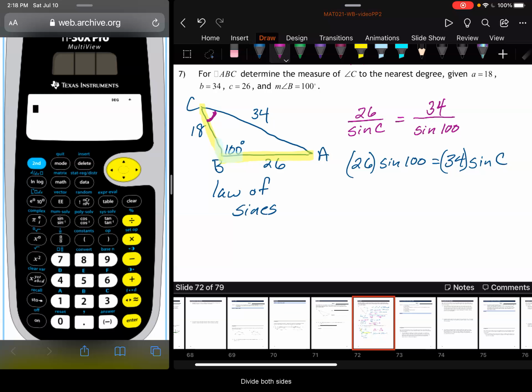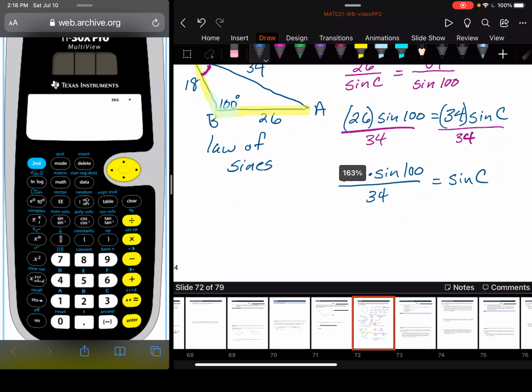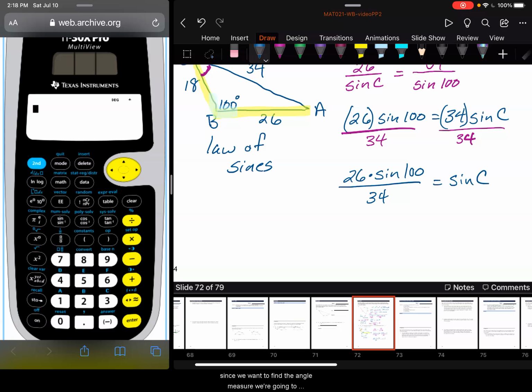Divide both sides by 34. 26 times sine of 100 over 34 equals sine of C. Again, since we want to find the angle measure, we're going to have to do the inverse of our trig function.